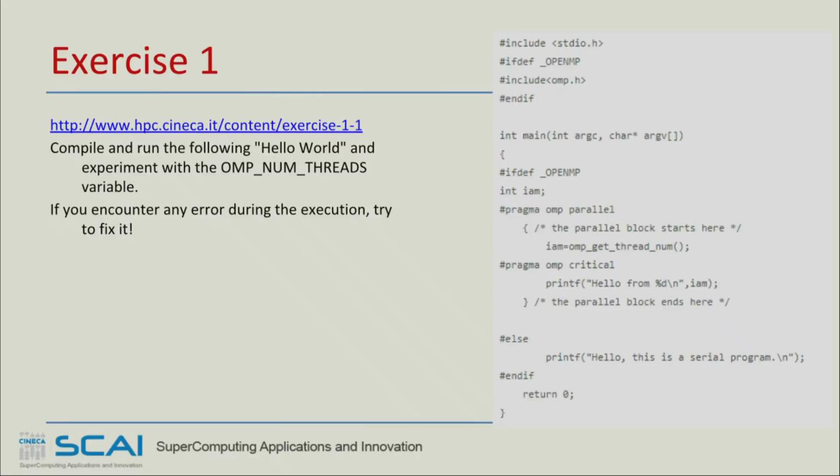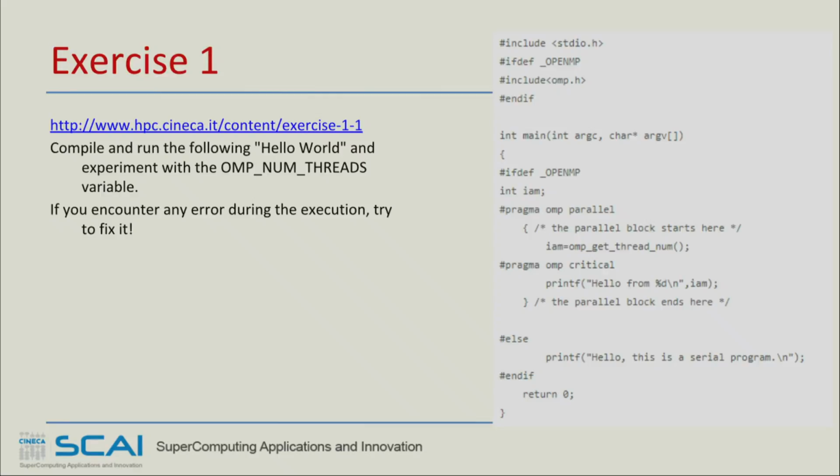If you define something inside the parallel region, that variable, by definition, is private to the thread. So in this case, it works because each thread has its own private variable. So it assigns the OMP get thread number to that private variable, and it prints the value of that variable.